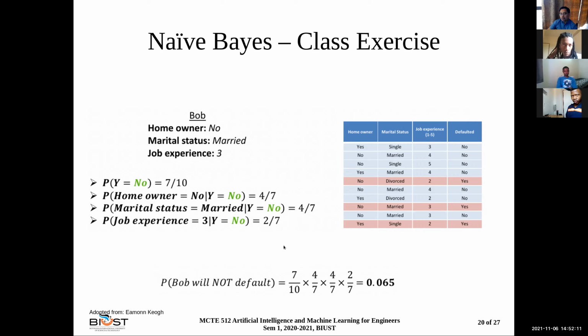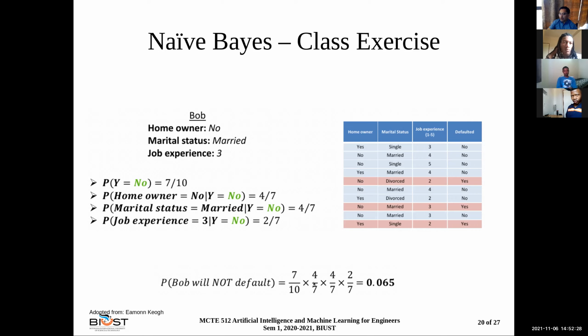So now, what is the probability that Bob will not default? The probability that this new data point will not default. So what is that?